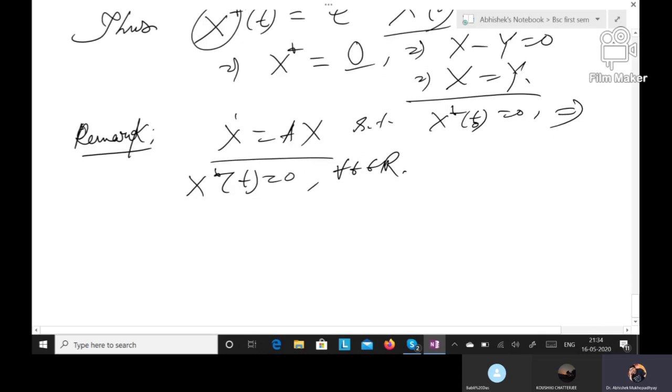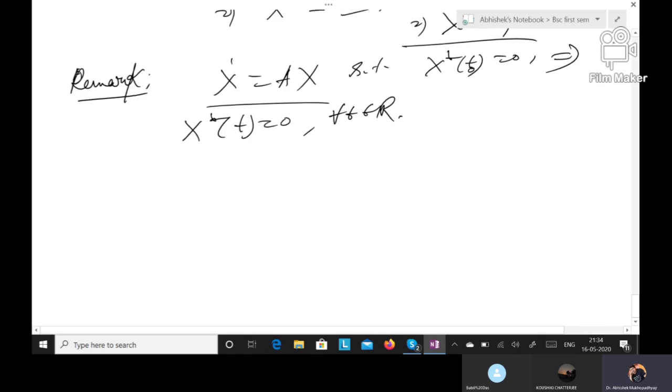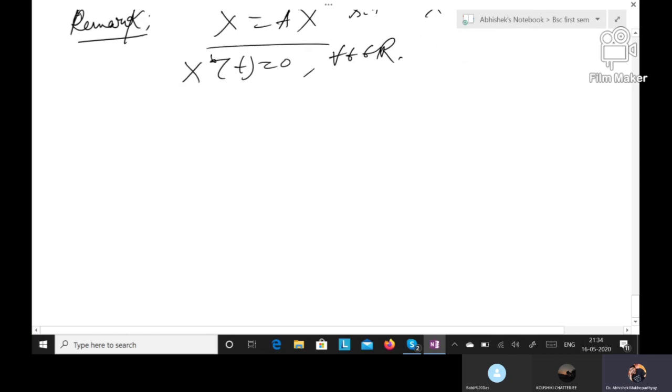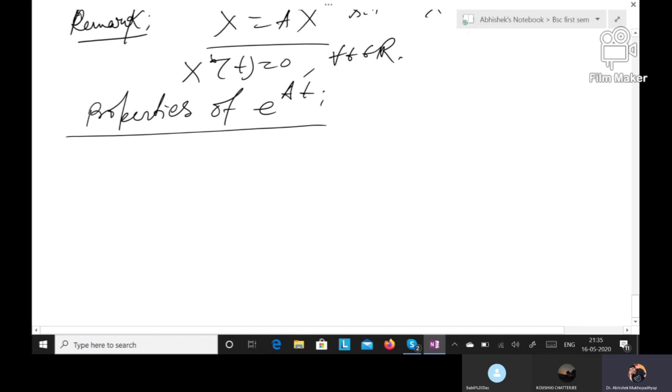Okay. Now let us list up some properties, beautiful properties of the matrix e to the power At. So properties of e to the power At, and we have seen that e to the power At is a fundamental matrix of the system X dot equal to AX.